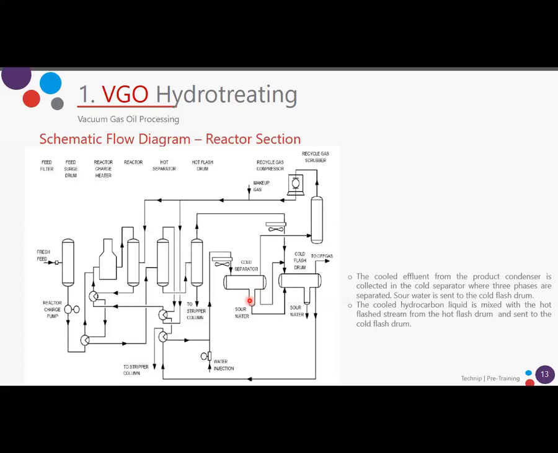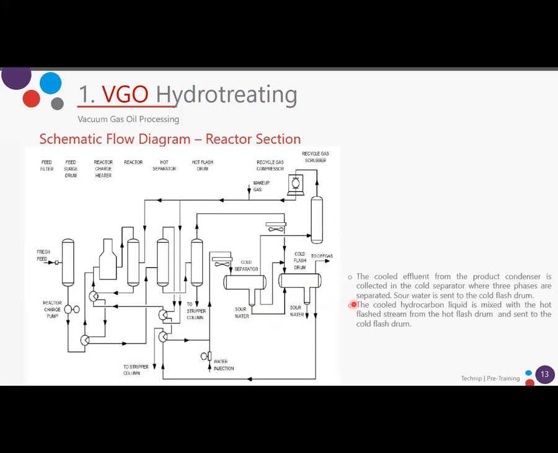As always, this salt water we will send to this cold flash drum, and then we will send for treatment, okay, to remove the sulfur in this salt water outside of this unit, okay? It is in another unit in the refinery.